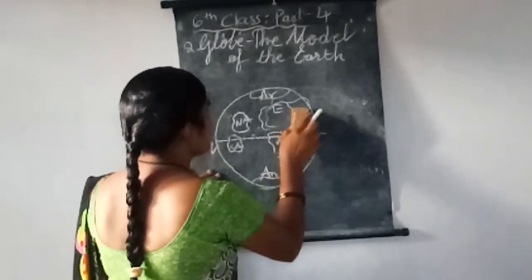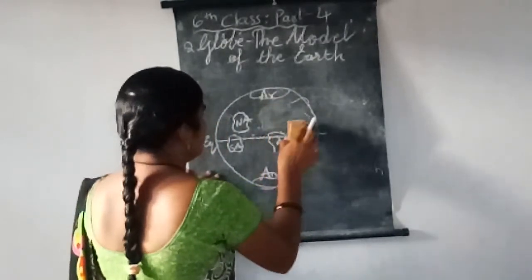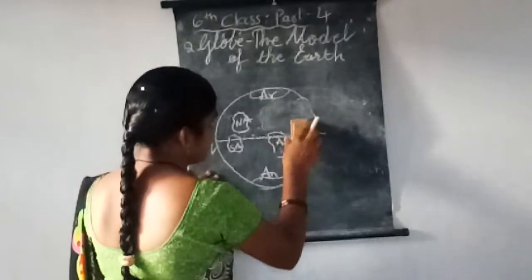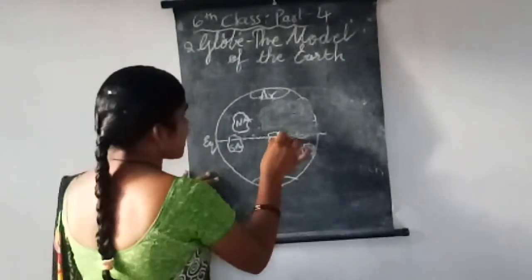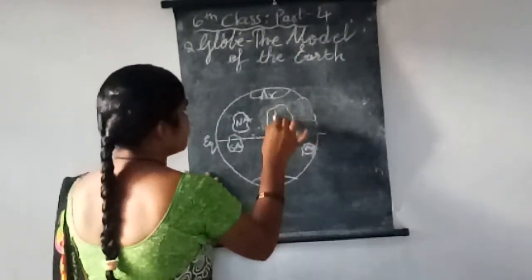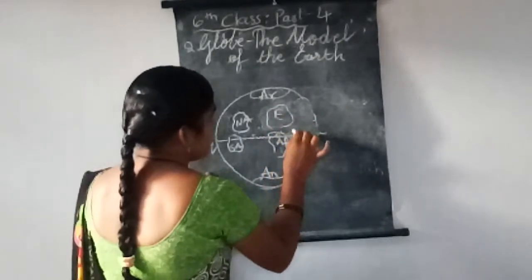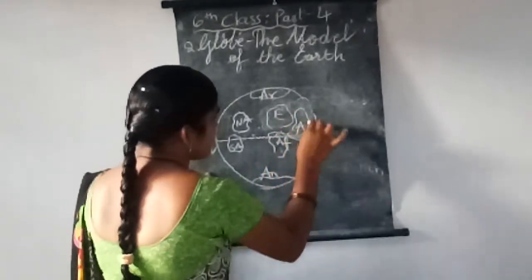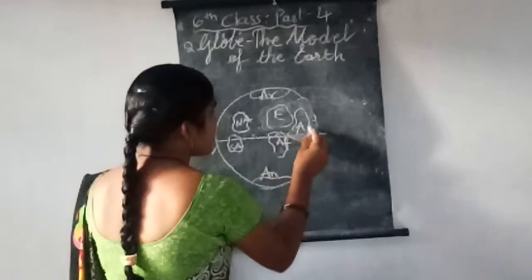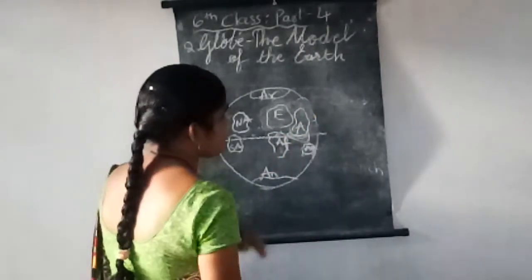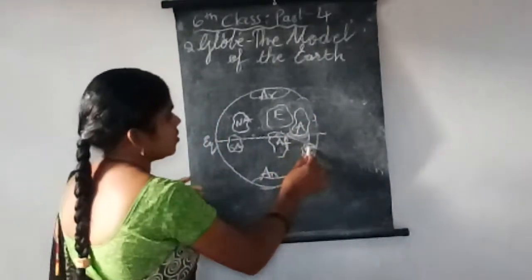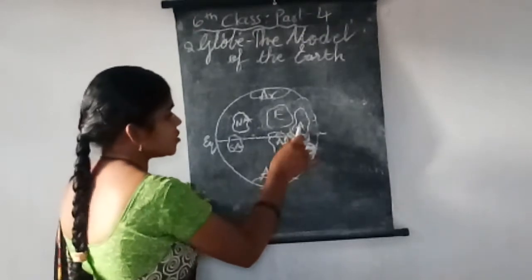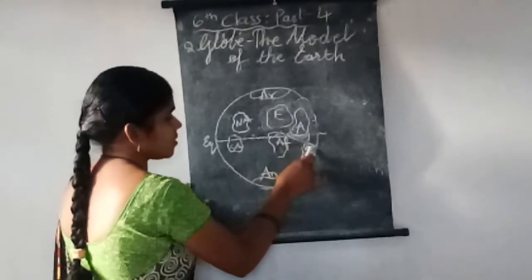Getting a clean sheet. So see, this is Africa, this is Europe, this is Asia. Asia is near to the equator. So the largest continent is Asia, the smallest continent is Australia.